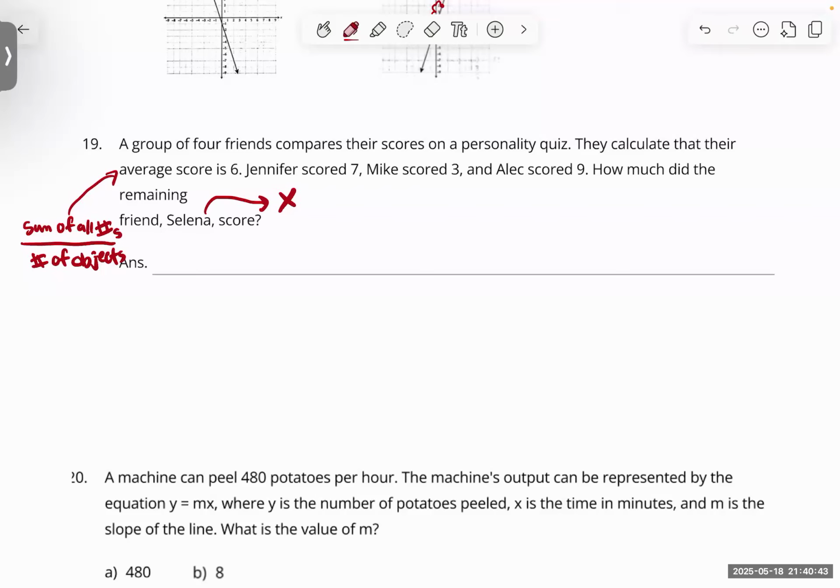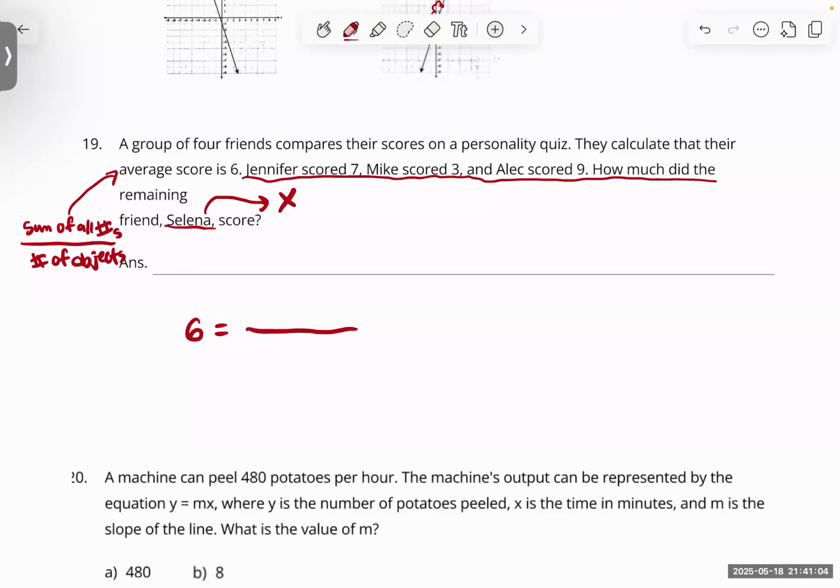We have our average, which is 6, equals, now remember what an average is up here. The sum of all numbers. So the sum of everything we have. Jennifer scored 7, Mike scored 3, Alex scored 9, and Selena scored X.